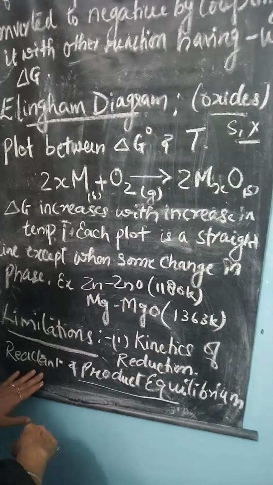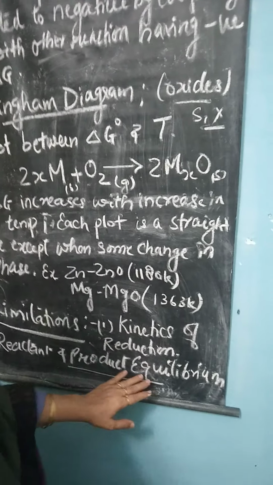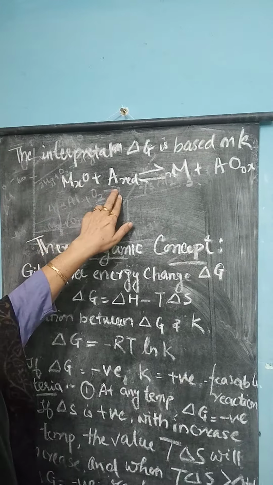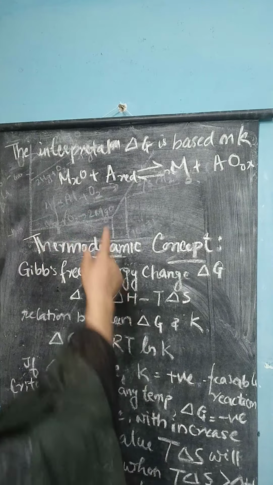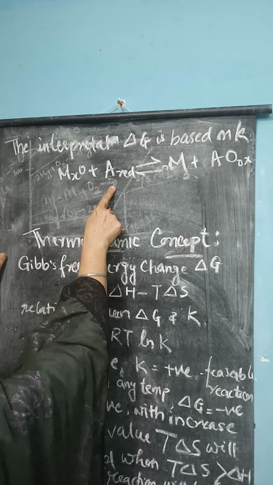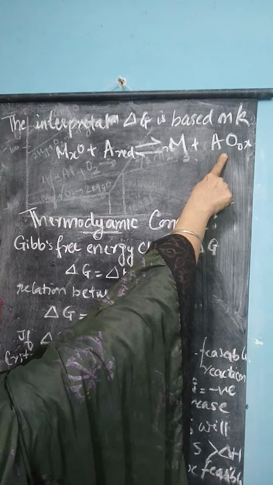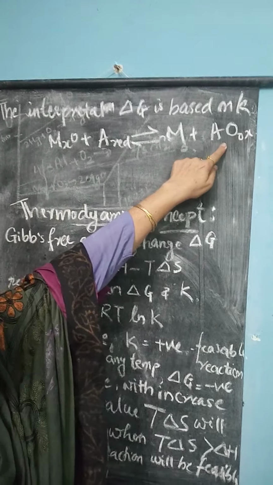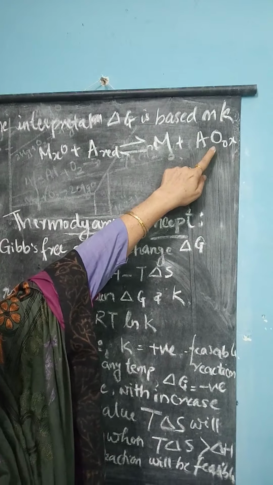The second limitation is reactant and product equilibrium. Suppose one reactant is there, say a metal oxide, and this is the reducing agent. When these two react together, you will get the metal and another oxide is formed. First, this reducing agent has changed to the oxide form, that is, oxidation has taken place.